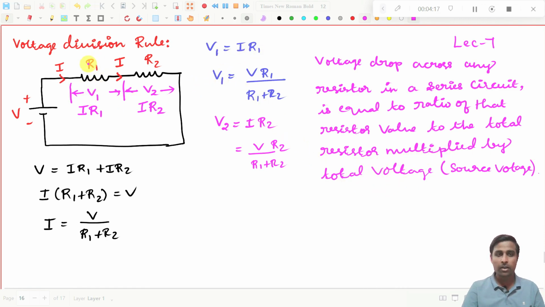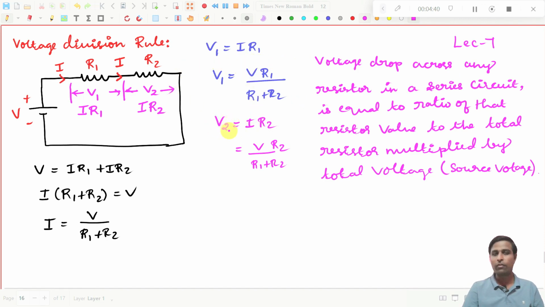You see, what is the voltage drop across this resistor? That means V1 will be equal to the ratio of that resistor, that is R1, divided by the total resistance R1 plus R2, multiplied by the total voltage, that is nothing but the source voltage, the given voltage. That is the formula for V1 we have found.